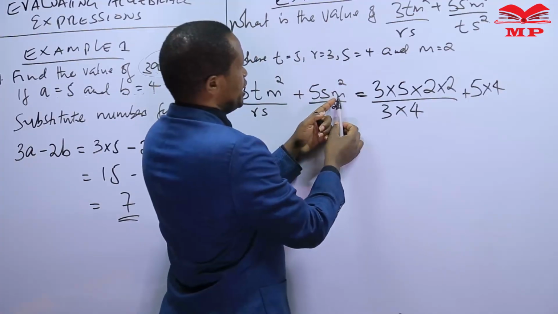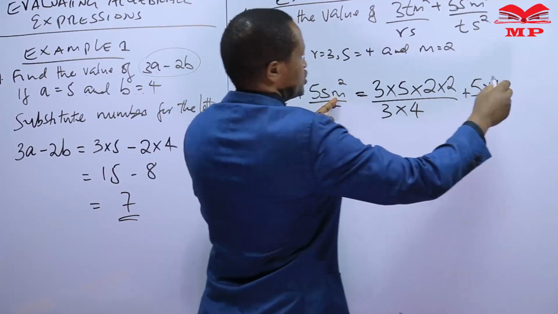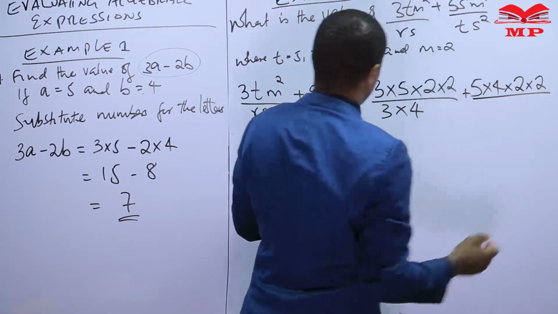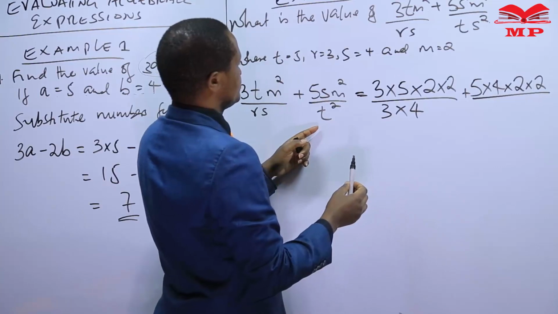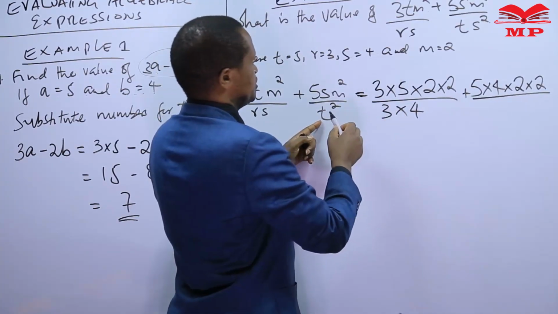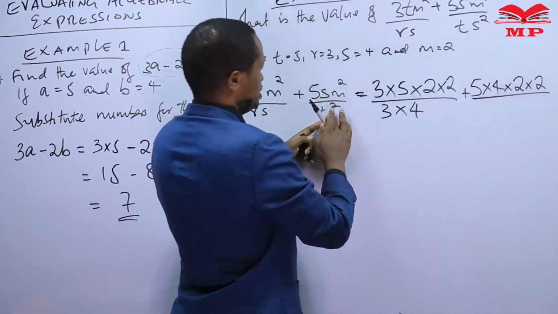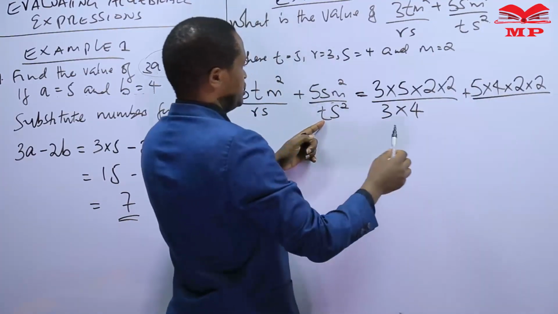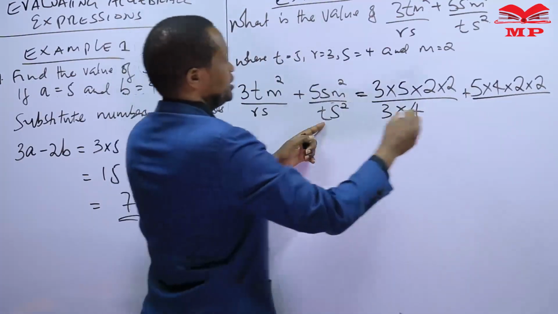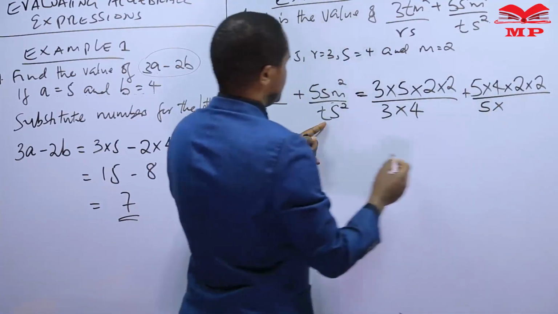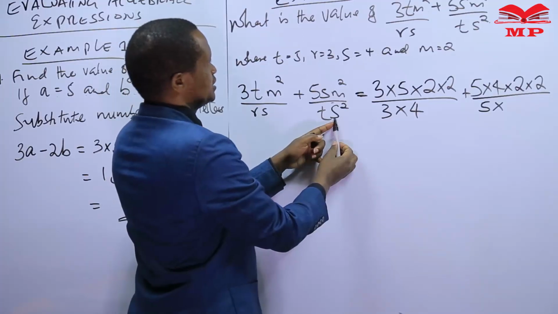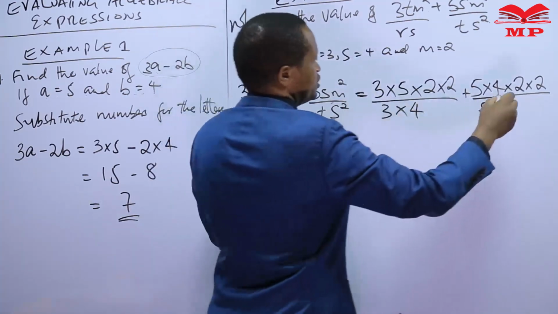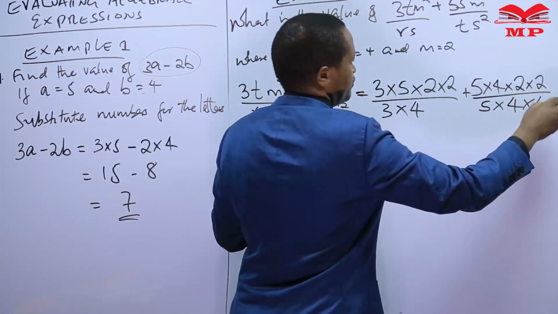The value of m is 2, so it will be 2 times 2. Divide all that by ts squared. The value of t is 5 times the value of s squared. The value of s is 4, so it will be 4 times 4.